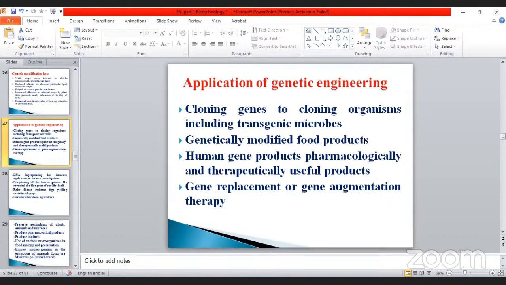Already we discussed the resistant gene. Some of them are resistant, isn't it? Some of them do not have the resistant power. Those things are also done by the applications of genetic engineering: gene replacement and gene augmentation therapy. Suppose a person is suffering from one of the diseases, we can easily identify it before birth, during the embryo stage. We can replace the gene.